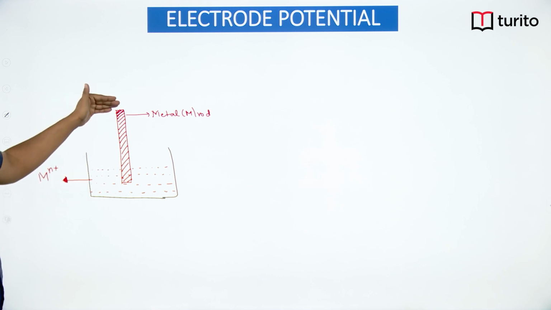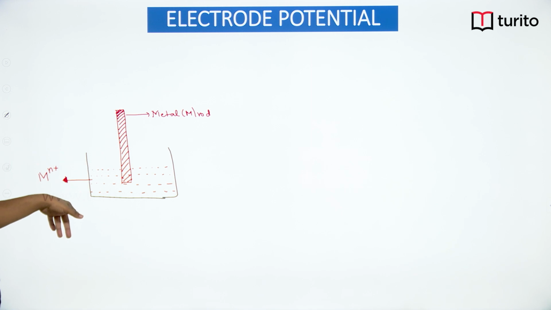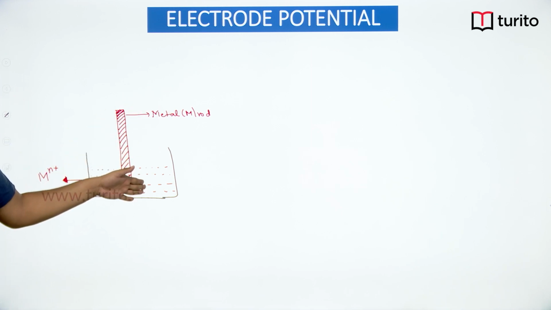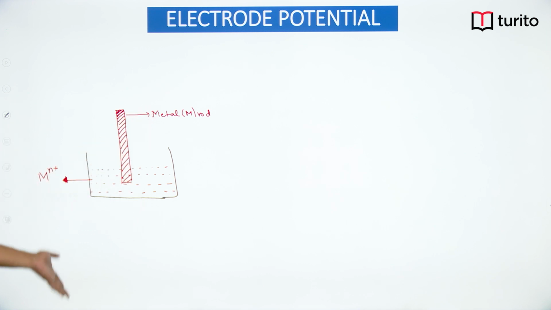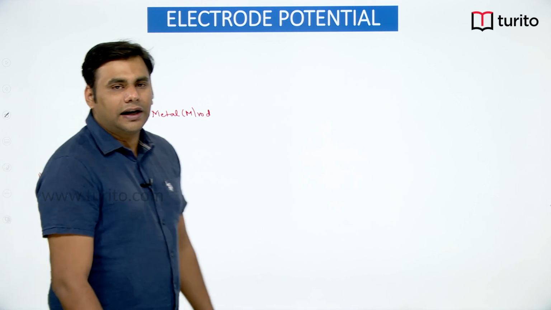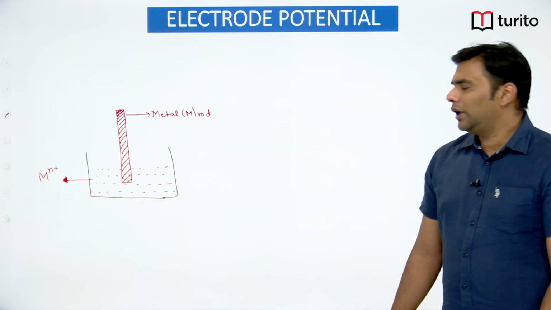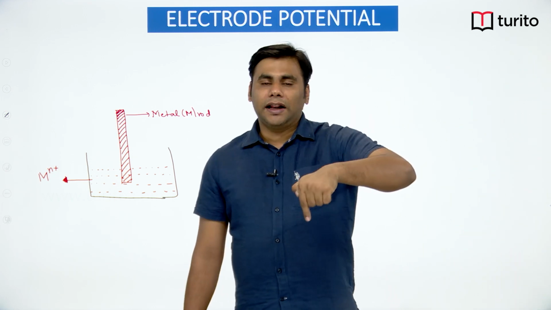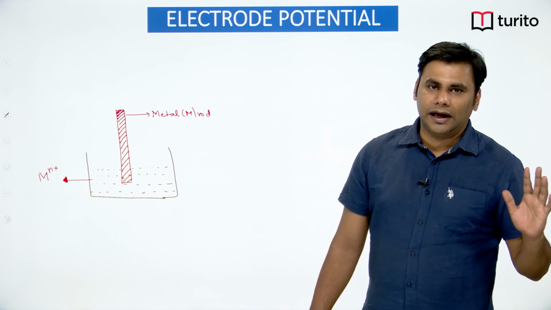The metal rod is M, and the aqueous solution has the cationic form of this metal, that is Mn+. Here n is the general oxidation state, or the valency, that this metal can have. So we have dipped a metal rod in the aqueous solution containing the metal ion.